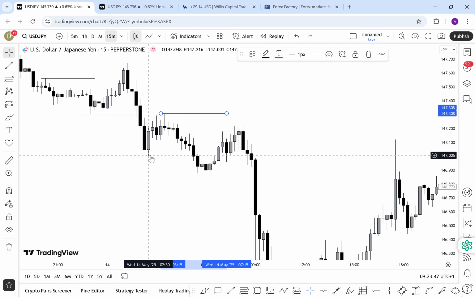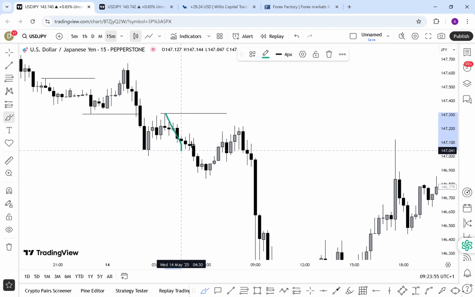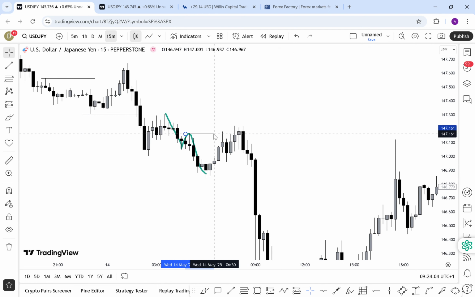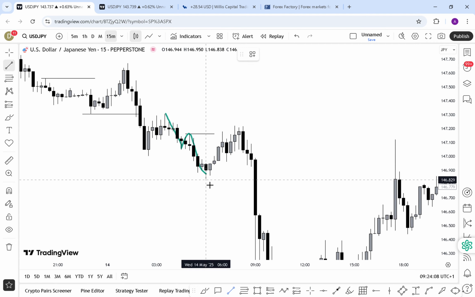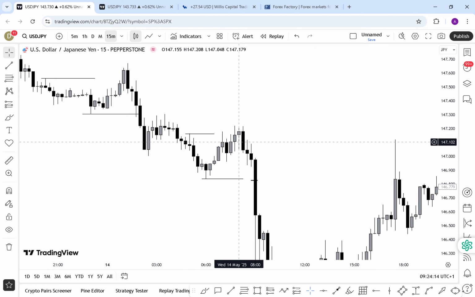Then on its way coming, we refuse, because on its way coming you can see something small like this, something like this. Then it means that our last pullback is here. Then the market went back and took out this level. So we have a break of structure here again, because of what? The market took out inducement. It took out liquidity before it dropped.